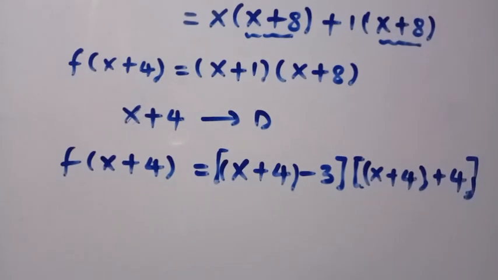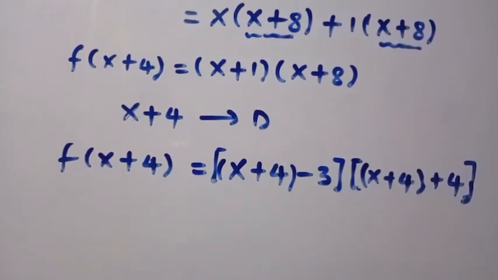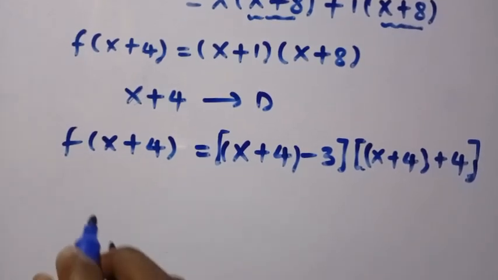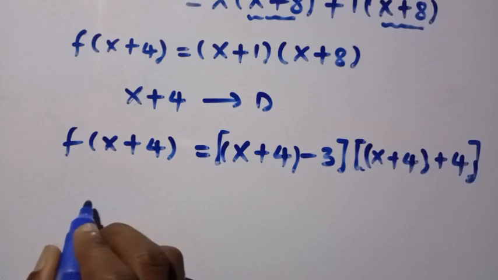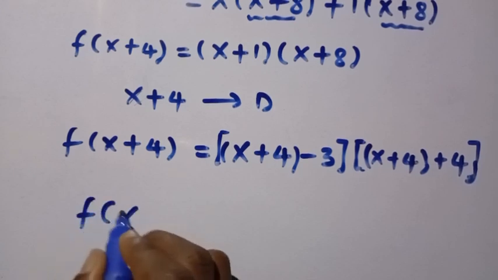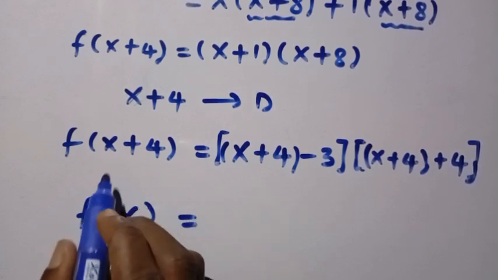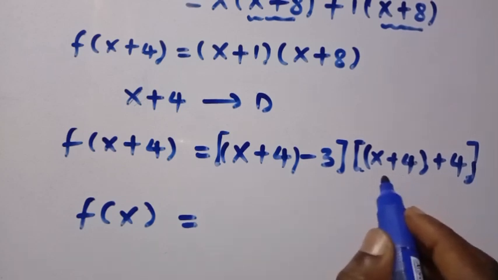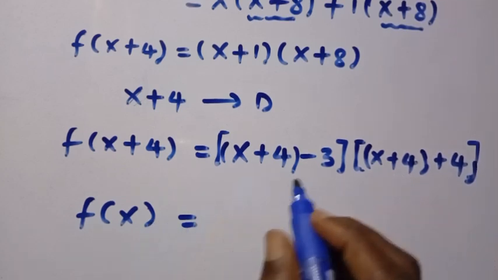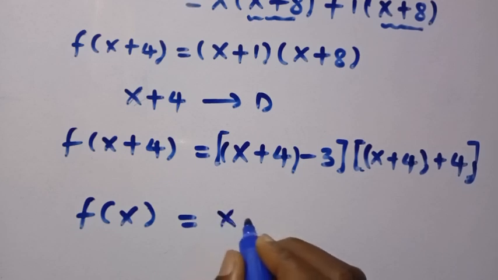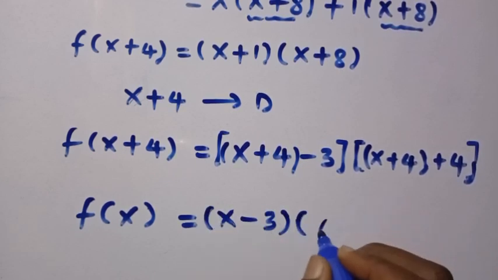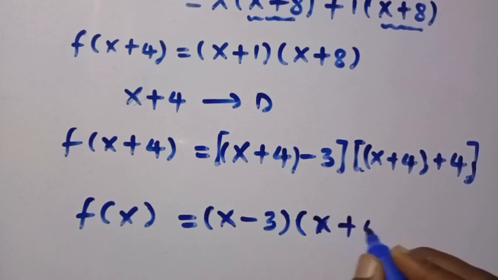Then by changing x plus 4 to x, since we need x, we have f of x equals. Since this is x plus 4, this is x plus 4, and this is also x plus 4, we are changing it now to only x. So this reduces to x minus 3, and this reduces to x plus 4.